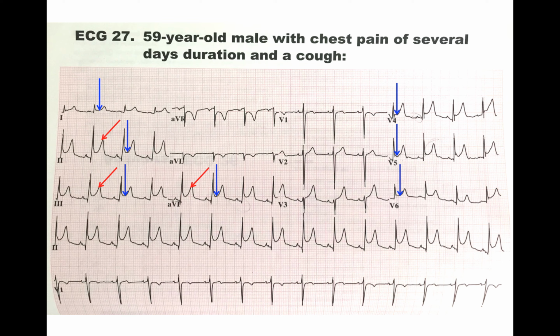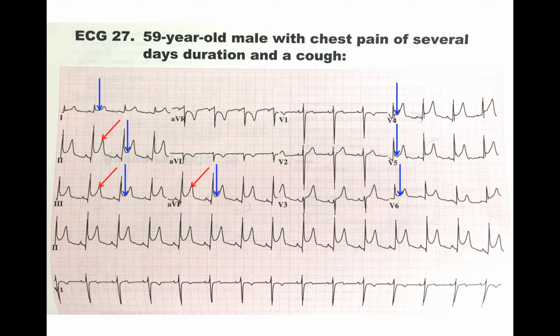The T waves will invert in stage 3, which you can't appreciate in this EKG. And then finally, stage 4, the EKG returns to completely normal as the pericarditis resolves.